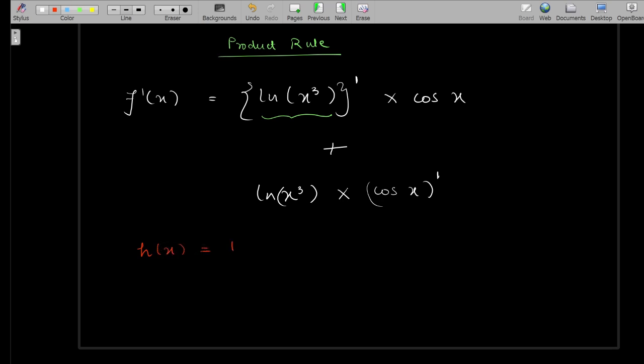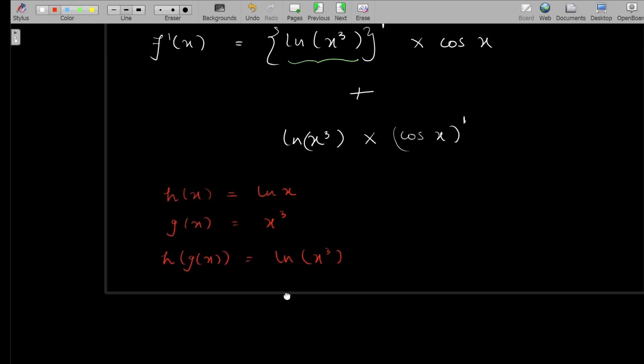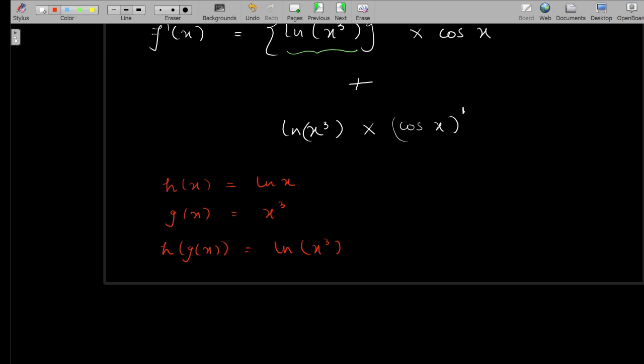Yes, if h of x is ln x and g of x is x cube, then h of g of x is ln x cube. And then you have to find out the derivative of this whole function. So you use the chain rule.